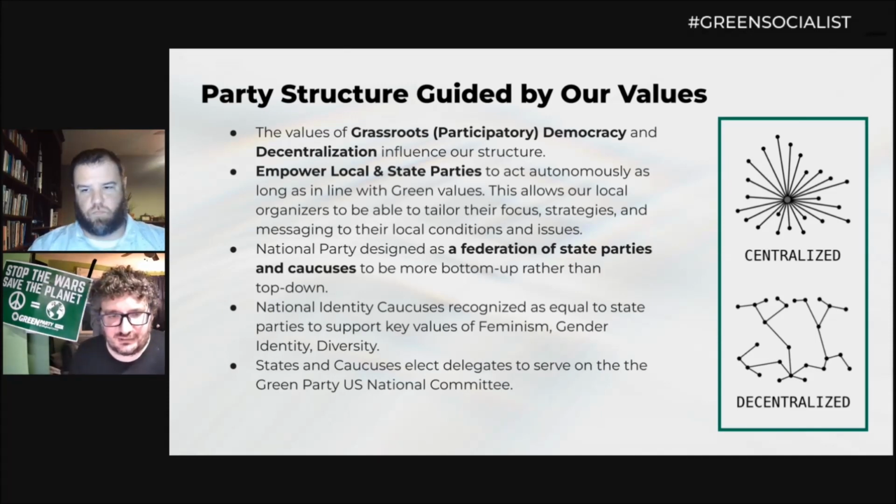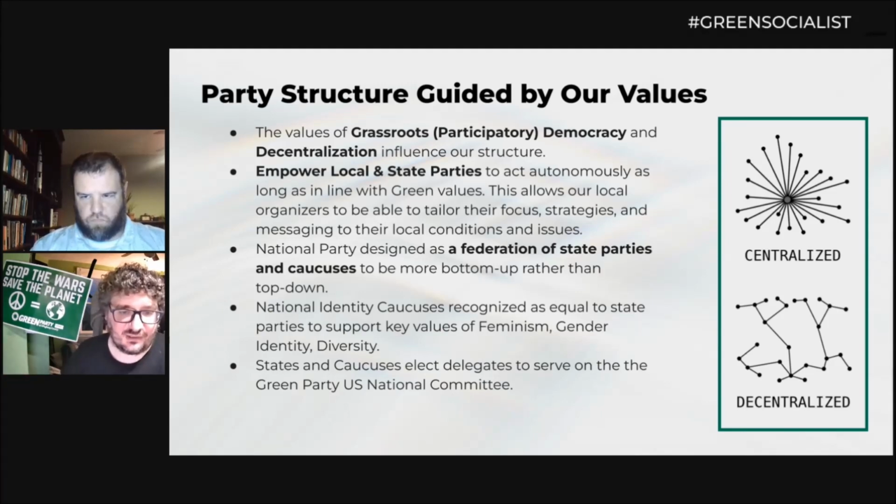And so representatives or delegates, more specifically, from state parties and caucuses get elected to serve in the Green Party National Committee, which is the main structure of the National Party that makes decisions.